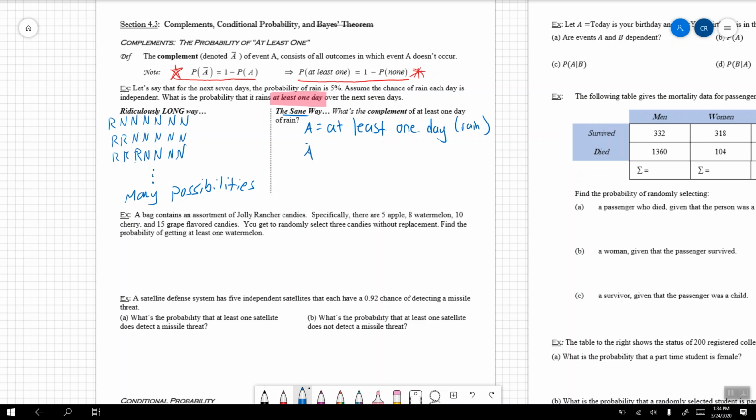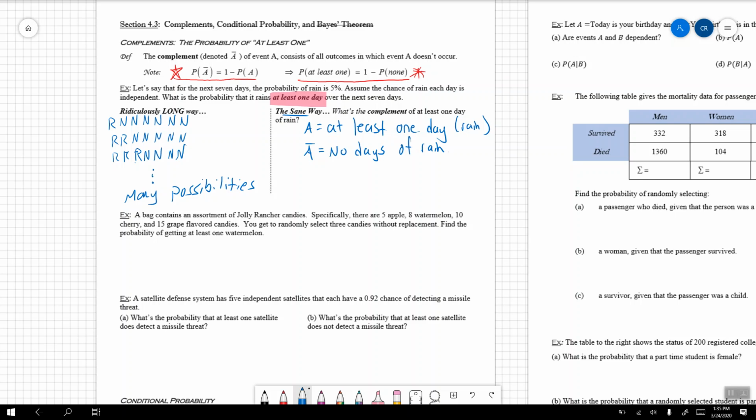Now, the complement is this event not happening. Well, if it's going to rain at least one day, what's the complement of that? Now, according to the process that we have up here, it should be that there are no days of rain.